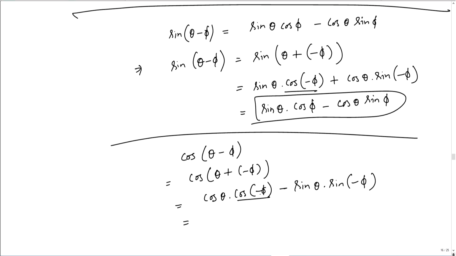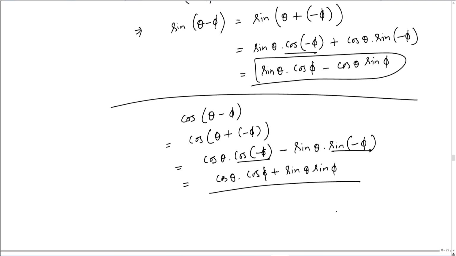Okay. Now cos of minus phi would be just cos phi, right? So cos theta into cos phi. Now sine of minus phi is minus sine phi. So that's why here it would be plus sine theta into sine phi. So that gives us cos of theta minus phi.